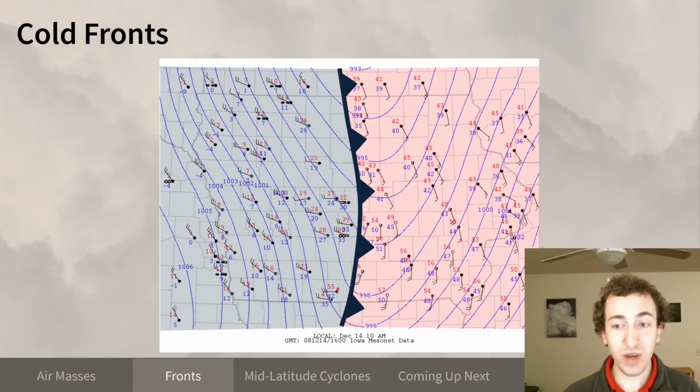And if you look at the winds, you can see a definite wind shift between these two different air masses, and your cold air is generally going toward the boundary. If we were to predict where this would be in the near future, because the cold air controls the movement of the boundary, it being more dense, we'd expect the boundary to move from where it is about here, probably a little bit further east.